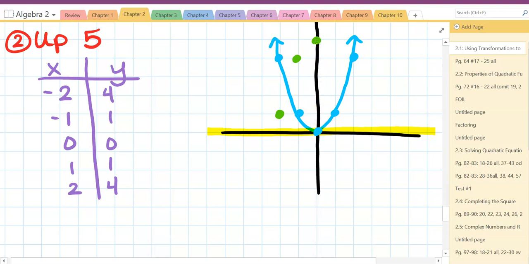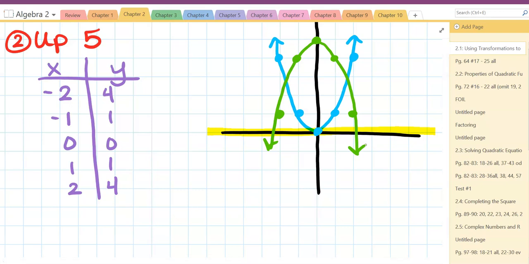And then you do the same on the other side of the graph, or you can use what you guys know about these quadratics, which is that they mirror each other on either side, and then graph the rest of that in. And again, this one's opening down because we had that negative in front of that x squared, so it's going to cause it to reflect itself upside down.